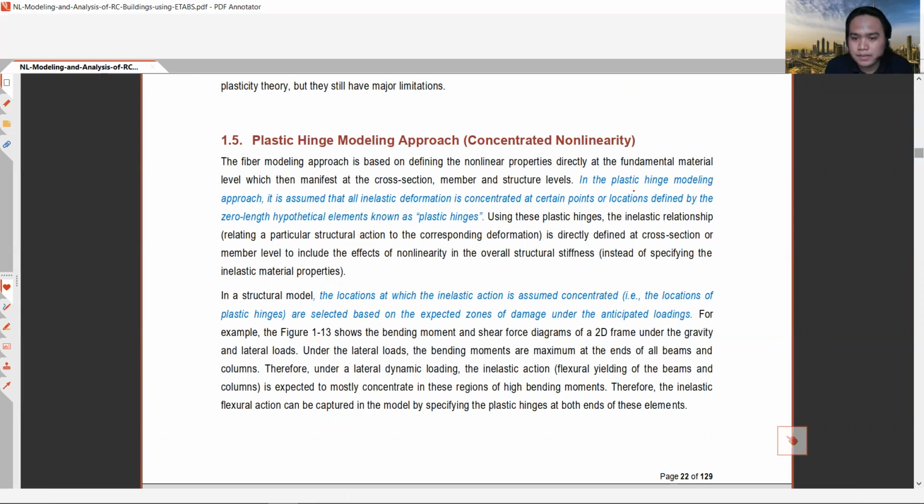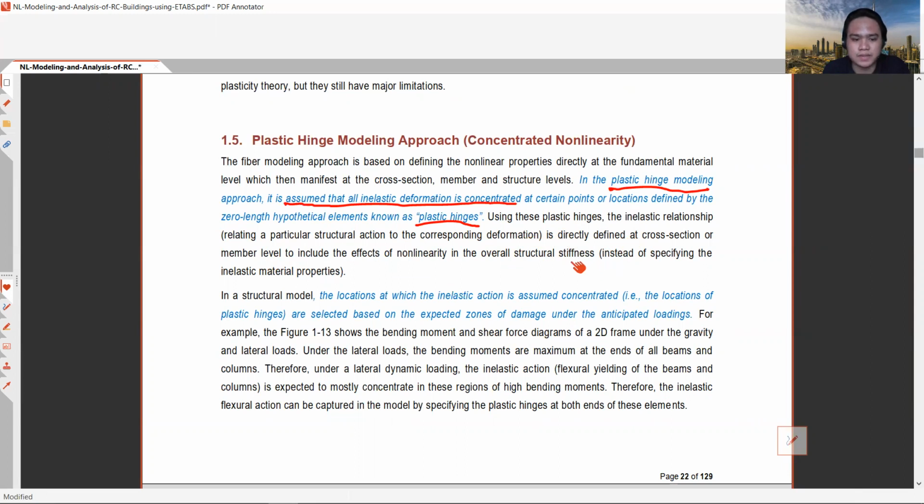So using these plastic hinges, sabi niya dito, the assumption is all inelastic deformation is concentrated in the plastic hinges. Okay. So using these plastic hinges, the inelastic relationship relating to the particular structural action of the corresponding deformation is directly defined at cross-section or member level to include the effects of the nonlinearity in the overall structural stiffness.